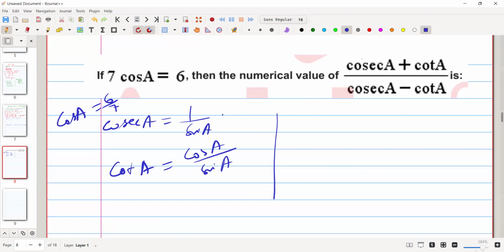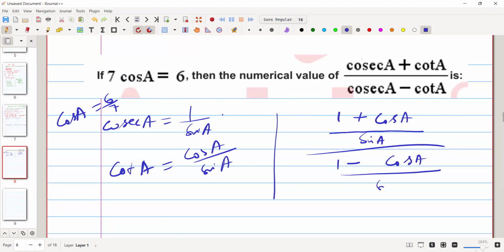that after getting the LCM, we will have 1 plus cos A divided by 1 minus cos A by sin A. And see, sin A will be cancelled out from both the numerator and denominator.